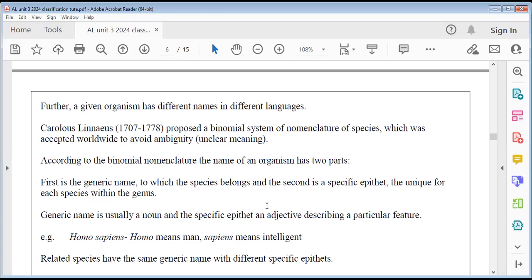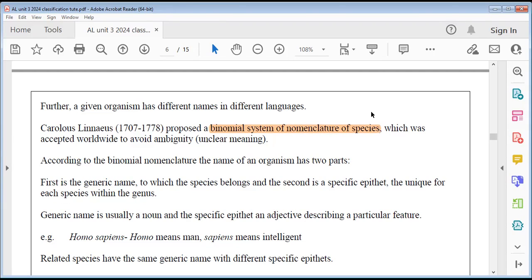There were several scientific name systems, and the most convenient and, to this moment, the most accurate system is what kind of system? Binomial system of nomenclature of species. There were many systems.